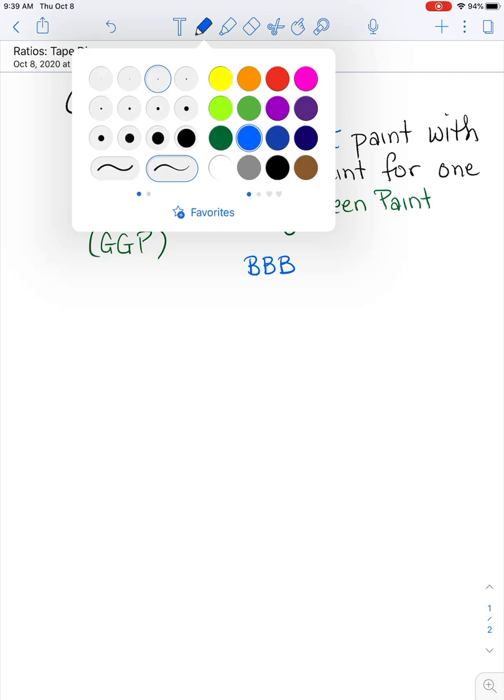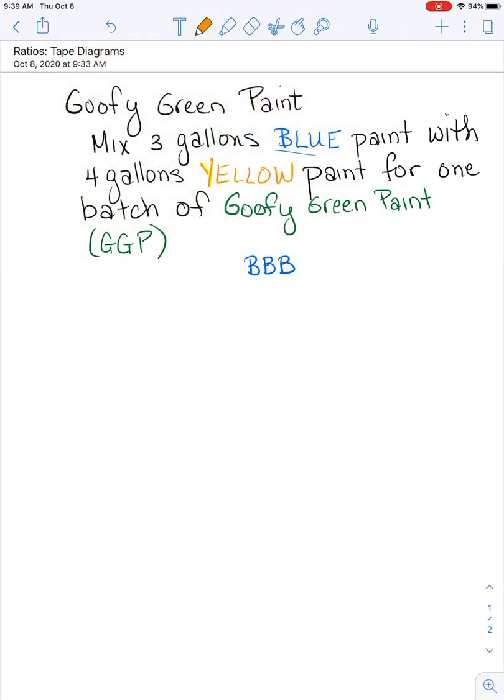And I'm using orange instead of yellow because you can't see yellow. And 4 gallons of yellow. Okay, and that is going to give us a batch of this Goofy Green Paint, because when you mix blue and yellow, you do get green.